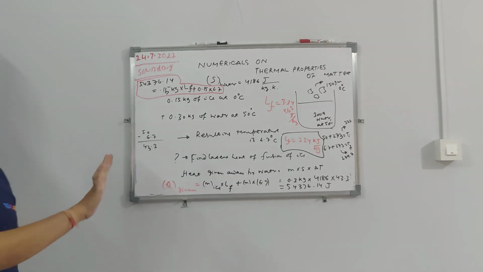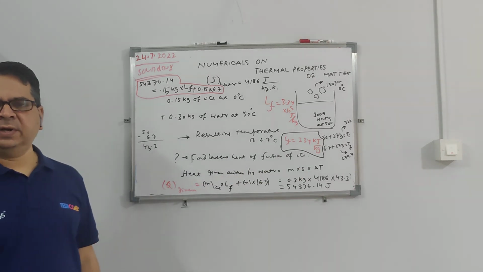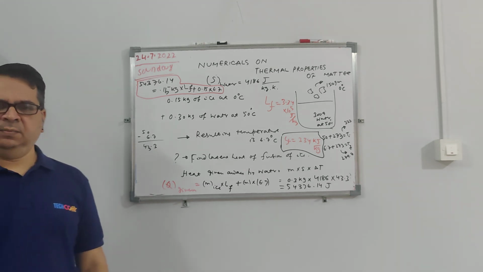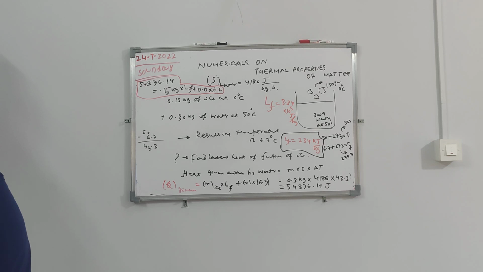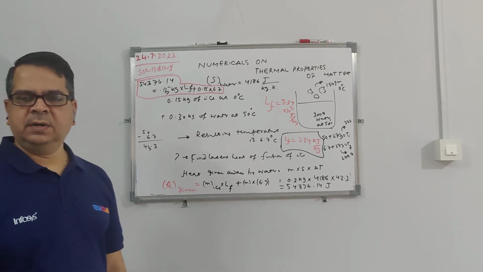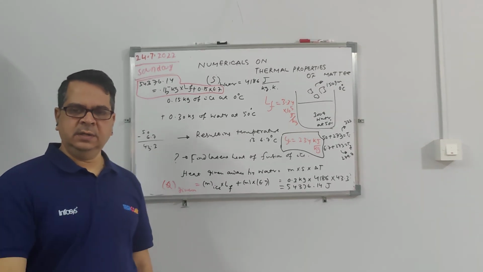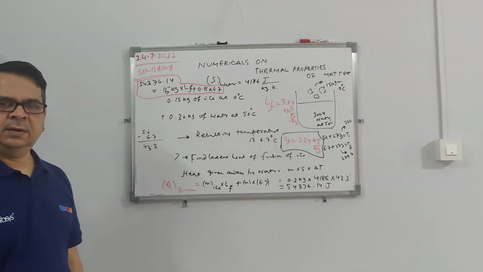So it will become 80 kilocalorie per kg or 334 kilojoule per kg. That is about the latent heat, and we'll discuss heat transfer and a few more numericals in the next session. Thank you.